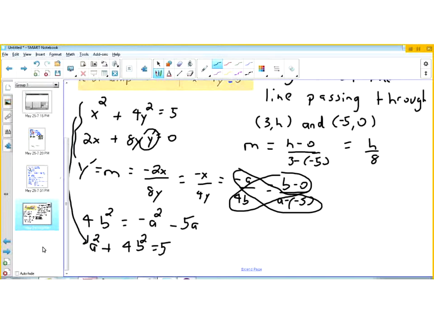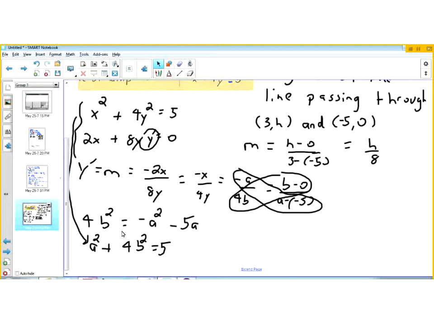How do we know that? Because we have the equation right here. We plug in a and b. Okay, so that holds true. Okay, so let's see what else we can do here. Okay, so we can replace 4b squared with 5 minus a squared. We can try that. What else can we try?